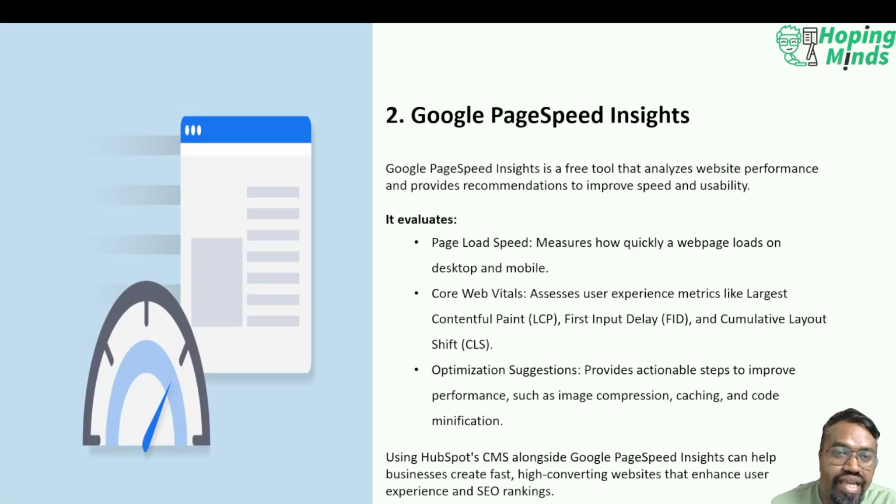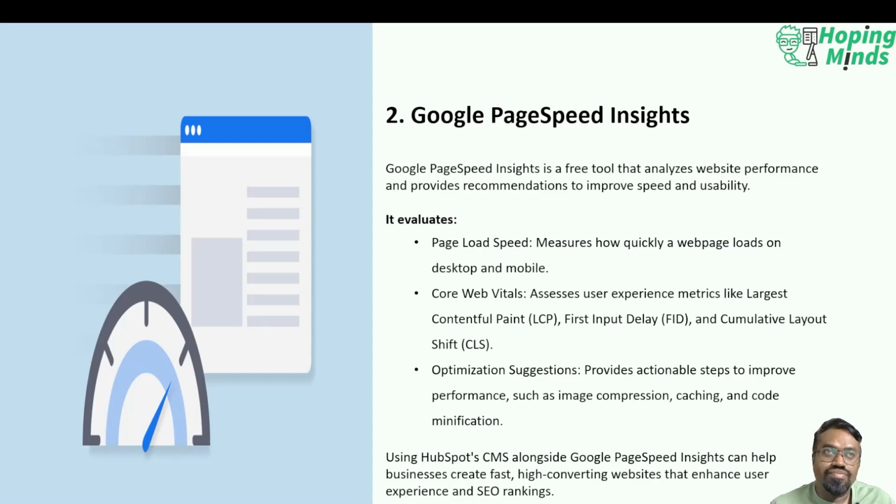Now, second is Google PageSpeed Insights. It is a very important tool again. It evaluates page load speed. So let's say your website's speed is very low, right? It measures how quickly a web page loads on desktop as well as mobile. A desktop version might load earlier than a mobile one, and vice versa.